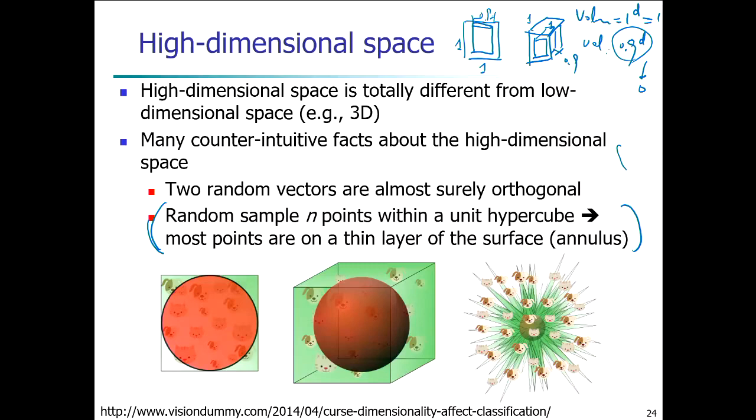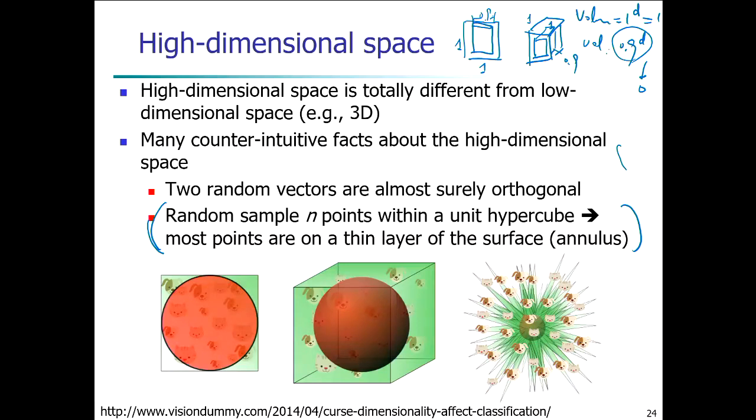What does it mean? It means the smaller cube, on each side, already spans 90% or 99% of the size, but it only encloses a tiny part of the whole volume of the outer space.